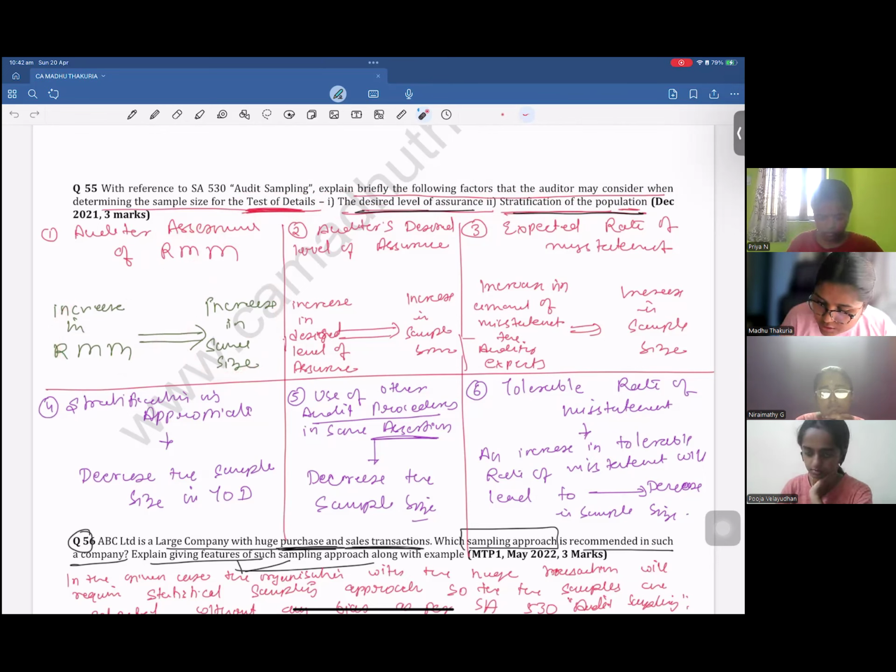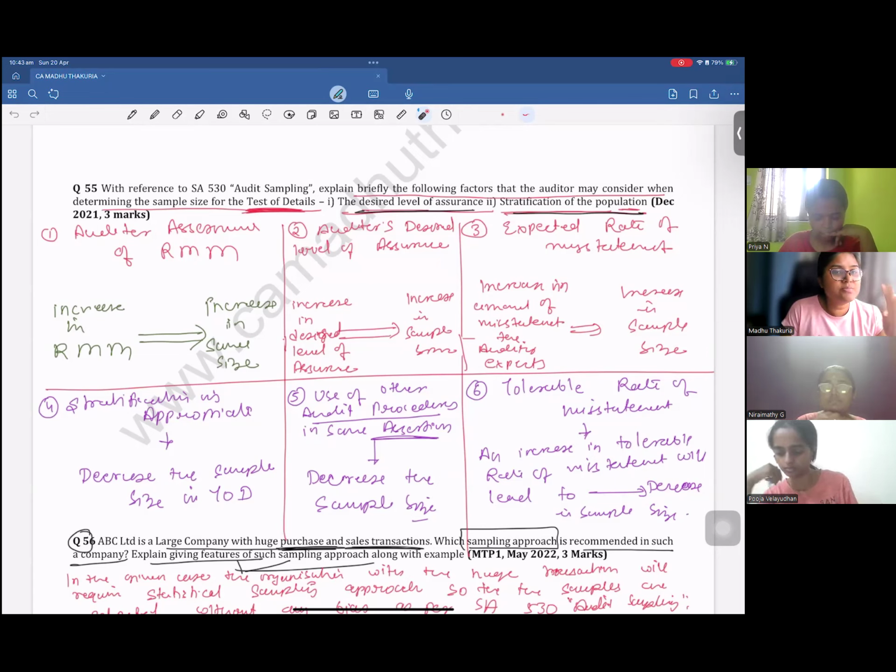Now, if I want to increase my desired level of assurance, I want to give confidence to the user of the financial statements that this particular item of the financial statements doesn't contain a material misstatement.